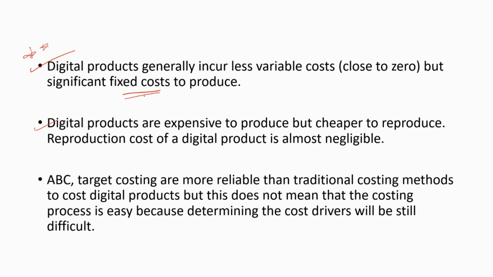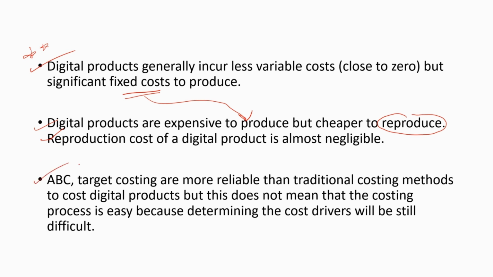These fixed costs will be incurred during the production. And when it comes to reproduction, these fixed costs will not be incurred again. So we can reproduce the digital products at a cheaper price. Or we can say the reproduction cost of a digital product is almost negligible.